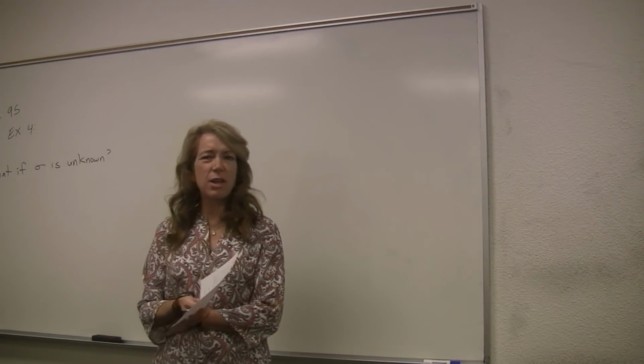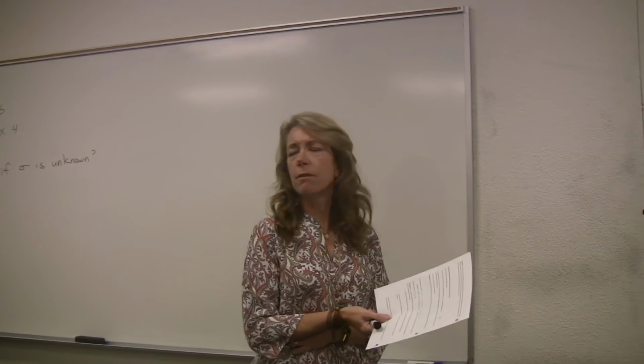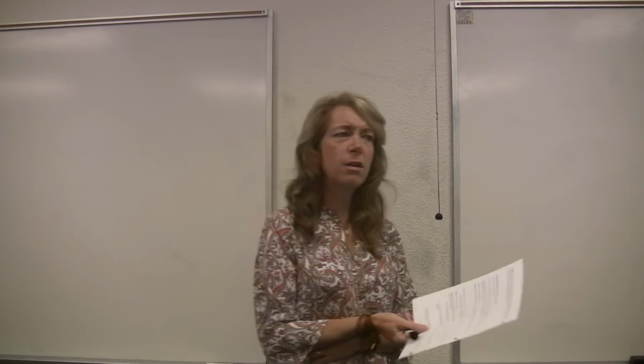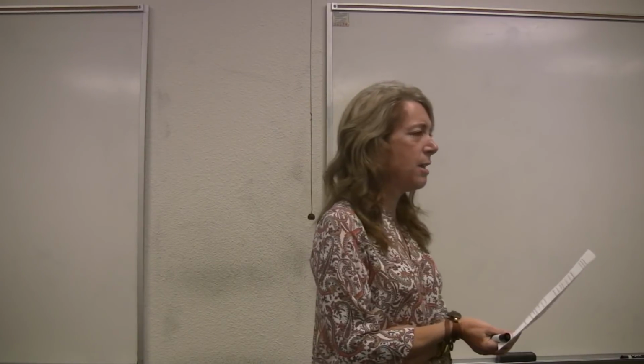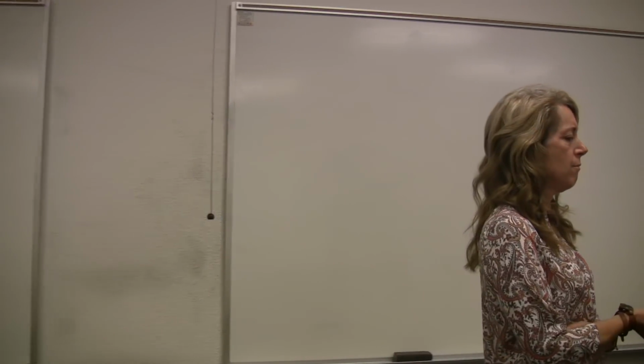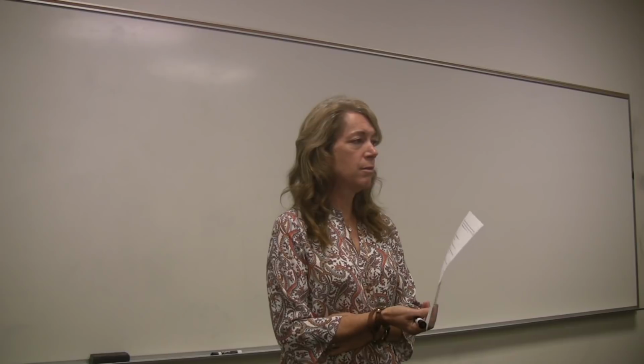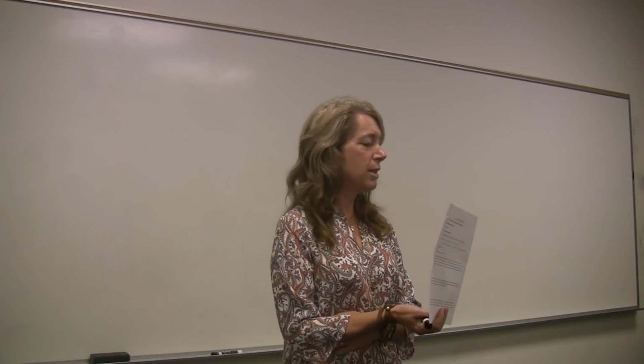So Phoebe's up here saying she thinks they're trying to find n. Do we agree with her? Example 4? We got a couple of people who think we're trying to find n. Example 4, we want to know what they're asking us to find.